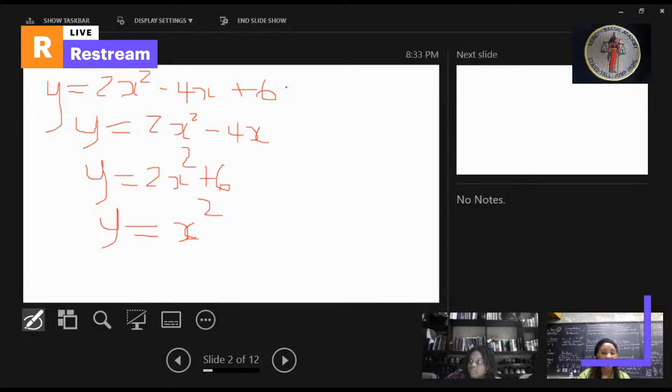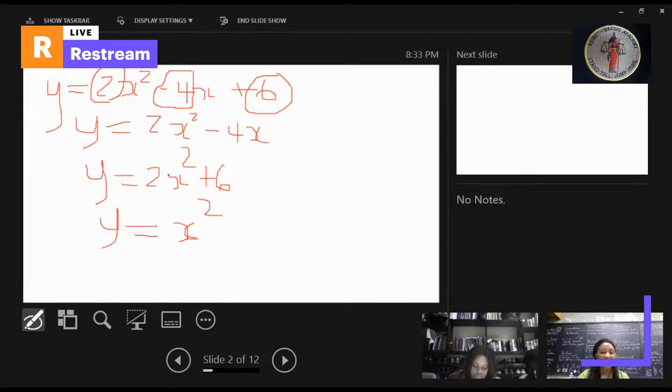So if there are 3 terms, you have to put them in order with the x squared term first, then the x term, then the constant term. And then you're going to look at the coefficients. The coefficient is the number that is in front of the variable. So the coefficient here is 2, here it is -4, and the constant term is 6.